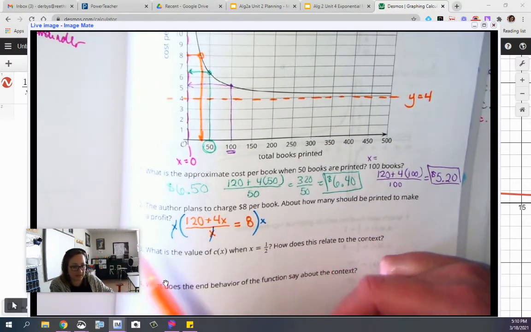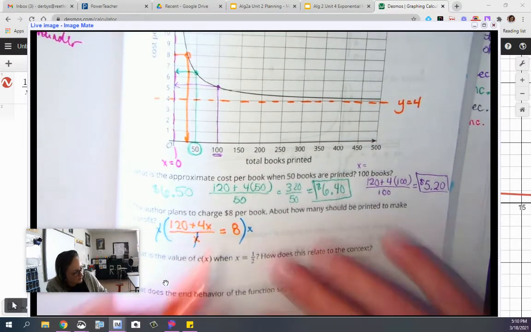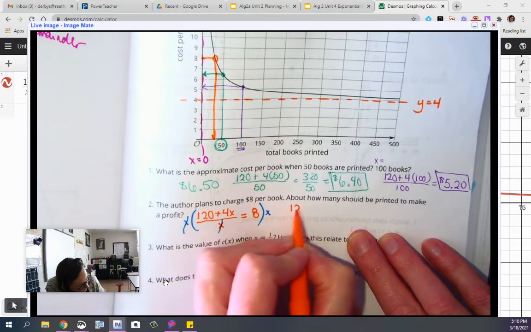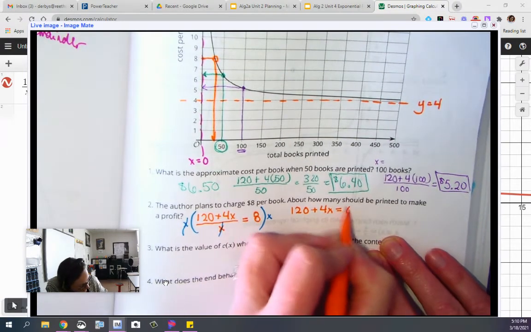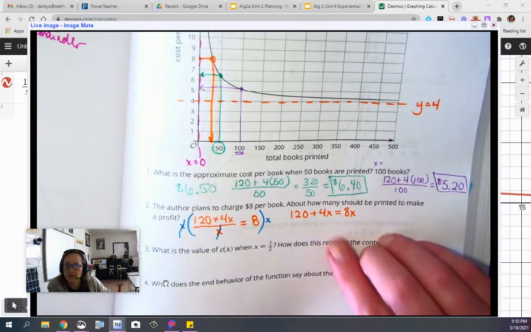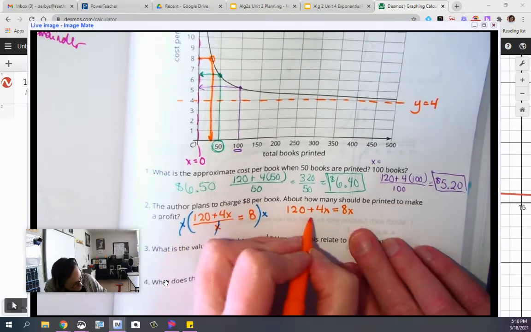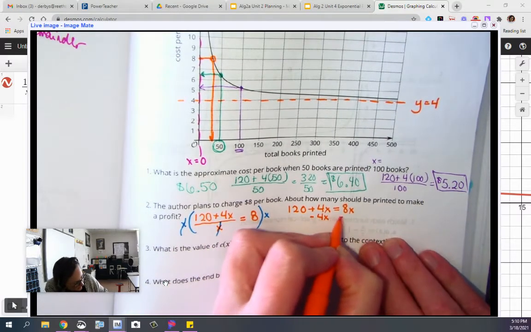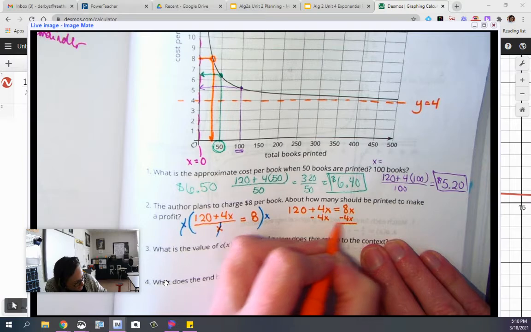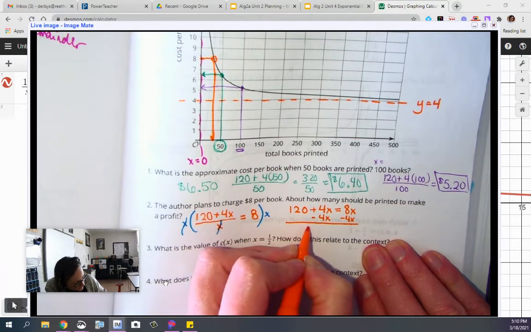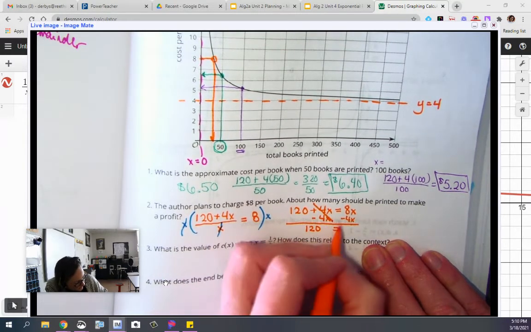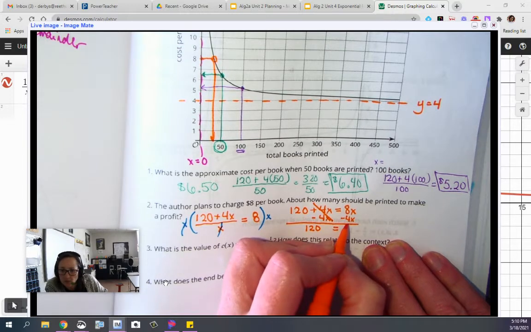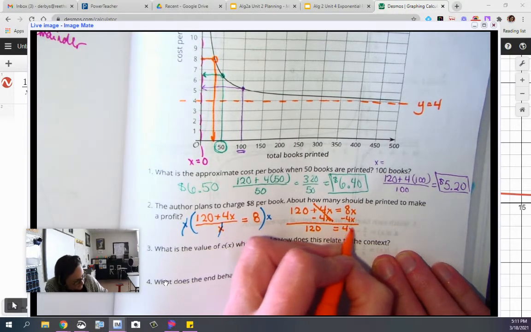Multiplication and division cancel each other out, and we're left with 120 plus 4x equals 8x. Now we can subtract 4x from both sides. We're just getting all of our x's to one side and all of our constants to the other. 120 equals, these will cancel, 8x minus 4x is 4x.